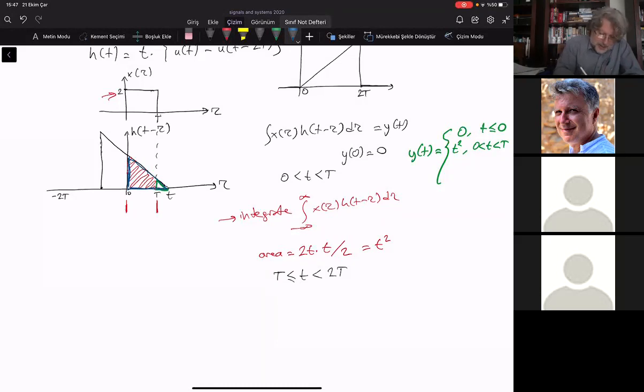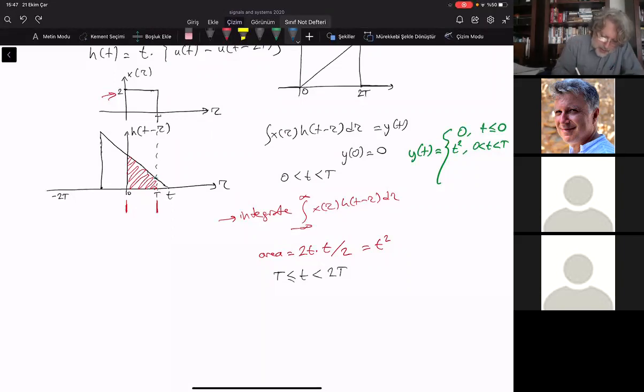So the red area is blue minus green areas. That's how I will do it. Now I want to remove these things because I will shift it further. Sorry about that.